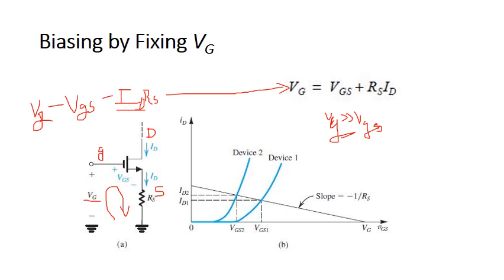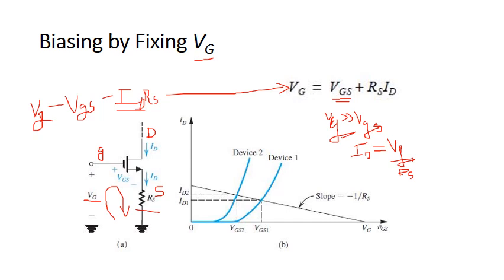So in this case, VGS will be a negligible quantity and ID will be equal to Vg by RS. So both are constant quantities. Vg is made fixed, then RS is a constant. So as a result, ID will remain constant.